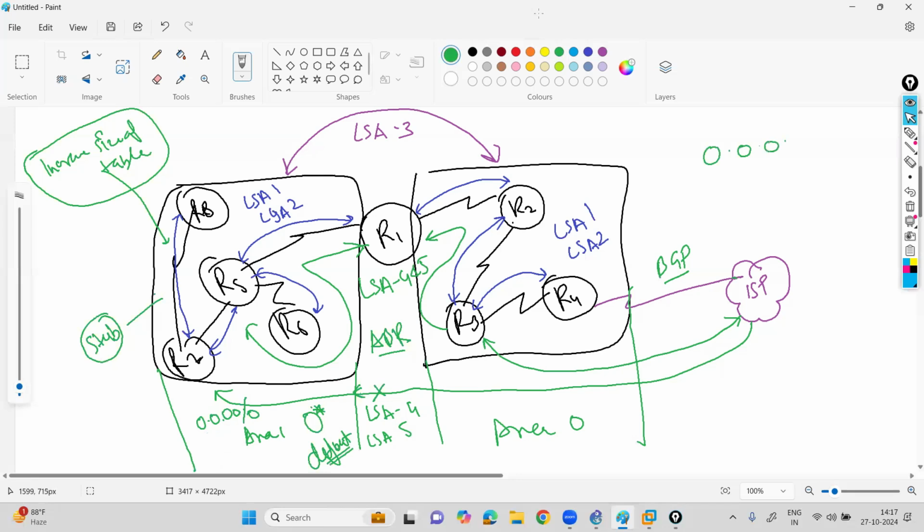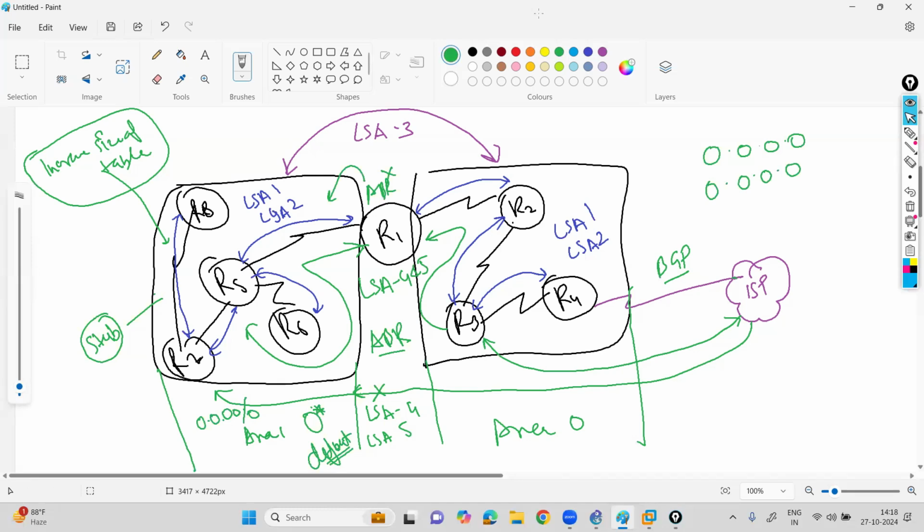Default route. This is the network for the default route and this is the subnet mask of the default route, right or not? So the routes will be converted to the default route and blocked at the ABR. ABR will block these routes and convert them into default route, right or not? This is called the stub area, right?